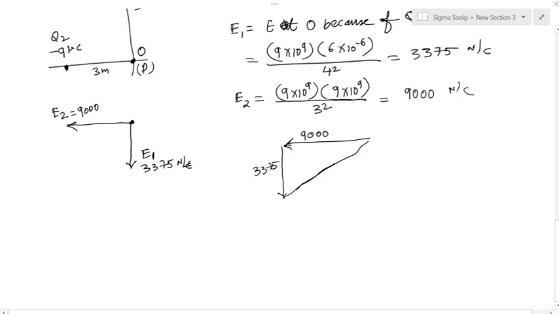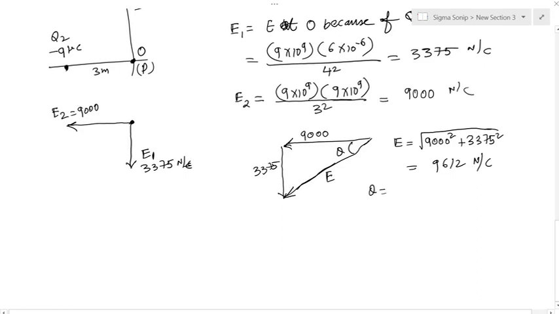Familiar steps, I think, for all of you now. And this angle theta we'll need to find. This is my net electric field intensity, which, using Pythagoras theorem, is the square root of 9,000 squared plus 3375 squared, and that gives us 9612 Newton per Coulomb.